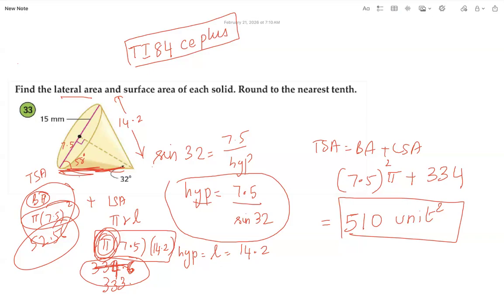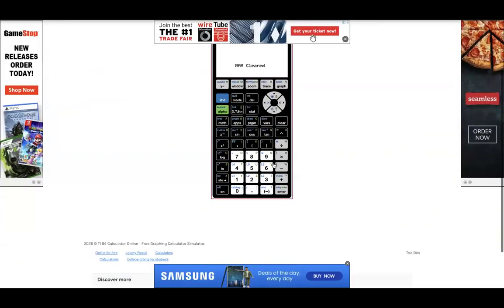I'm going to show you guys, because you cannot afford to make mistakes in that. TI-84 calc, right? Okay, here we go. You want to type pi.